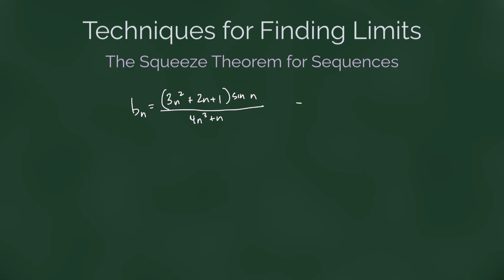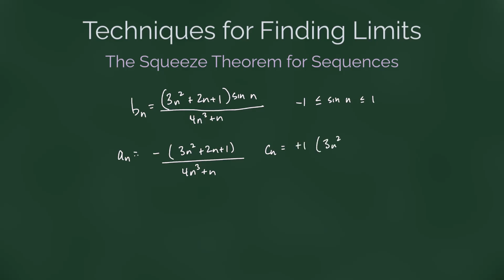We know that negative 1 is less than or equal to the sine of n is less than or equal to 1 for all values of n, which means that if we let a sub n be the sequence negative 3n squared plus 2n plus 1 over 4n cubed plus n, and we let c sub n be the sequence positive 1 times 3n squared plus 2n plus 1 over 4n cubed plus n, then it will be the case that a sub n is less than or equal to b sub n is less than or equal to c sub n for all values of n.